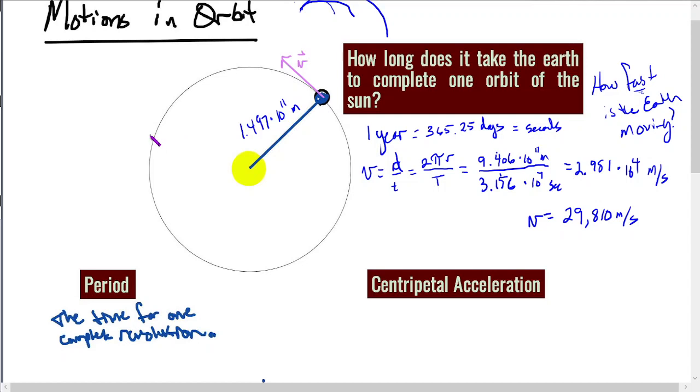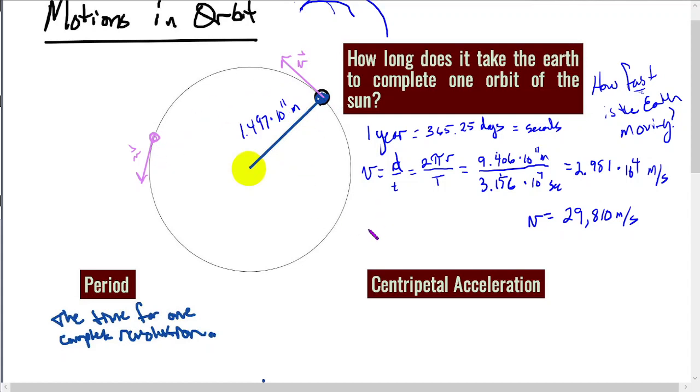Now, mind you, if we're over here at a different time during the year, then our velocity is going to be in that direction. So that's our velocity vector here, and that's our velocity vector here. That means that we are changing our velocity because we're changing our direction.